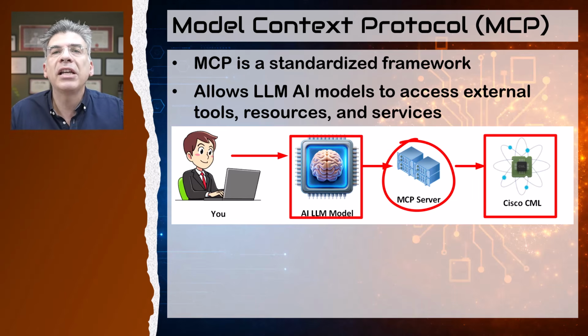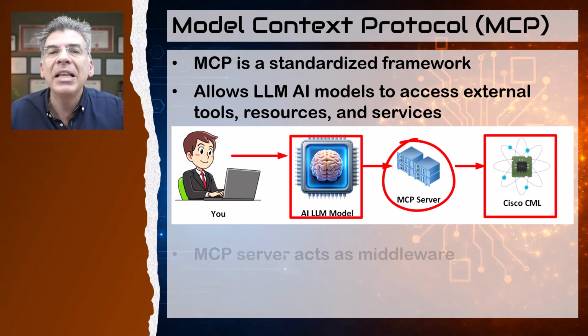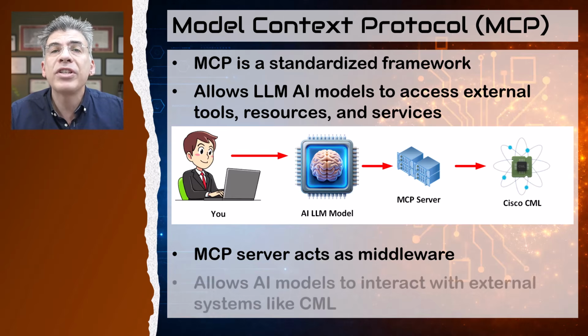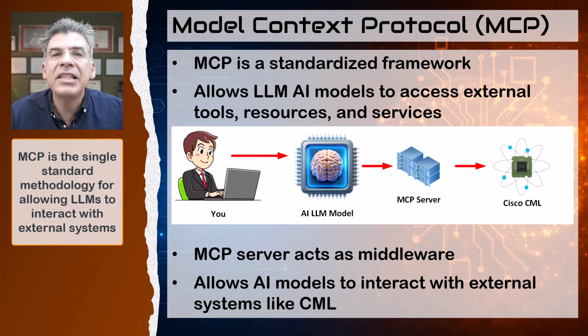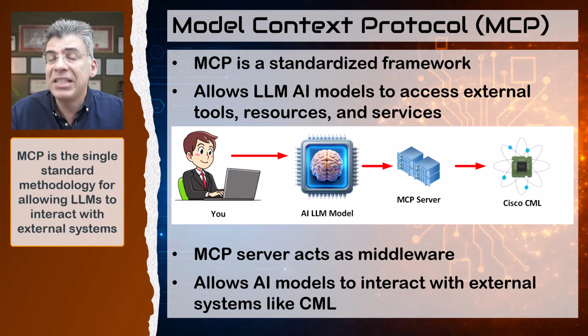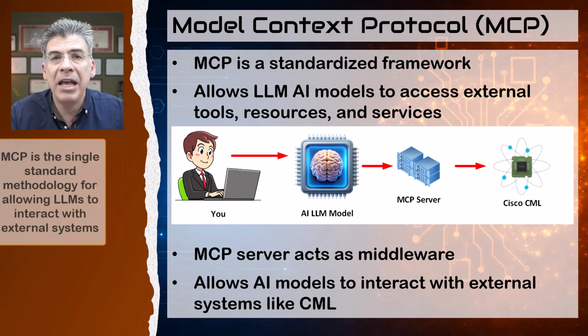In this sense, you can consider it as kind of a middleware, which appropriately takes the natural language explanation given to the LLM and transforms it into commands that instruct CML to create a lab topology. In other words, MCP is the single standard way for LLM models to plug into many different systems, including CML.